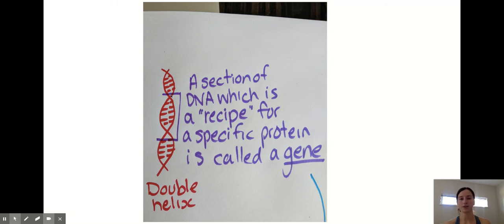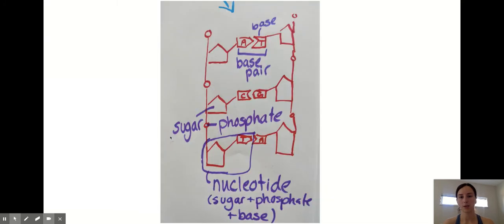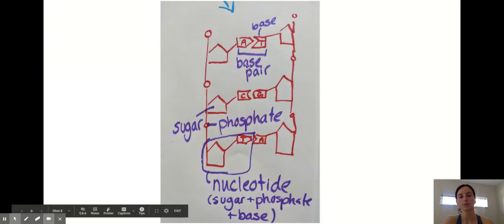So there are different genes, and they're kind of like the recipes, as I was calling them in the last video, for different proteins. You've got 20,000 to 25,000 genes that make up your DNA. So sections of DNA are called genes. And we're going to zoom in now on that structure.